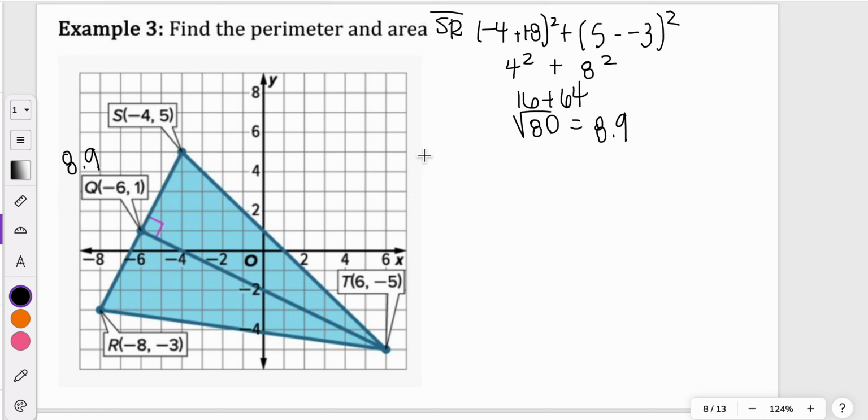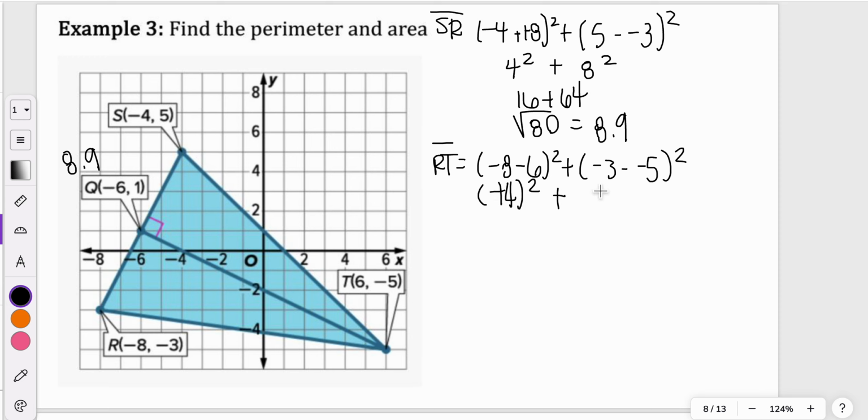And then we'll do R to T. RT, negative 8 minus 6, squaring that, plus negative 3 minus negative 5, squaring that. We're going to get negative 14 squared, and then 2 squared. So 196 plus 4, which is 200. So the square root of 200 is going to be about 14.1.